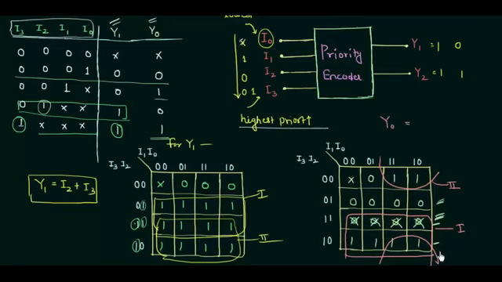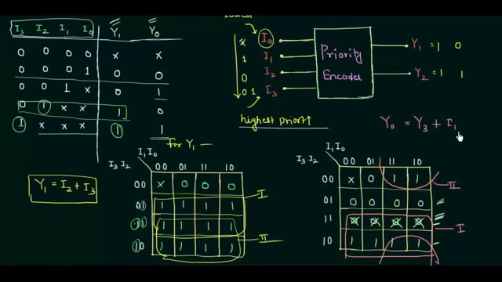Y0 is equal to, for the first group I'm having I3 with no doubt, we have already done in this case, and for the second group let's see what's changing and what's not. For the second group you can see that I1 is 1 and it's not changing in this column, whereas I0 is changing from 1 to 0, so we will neglect I0 and I will write I1, and as it is a group of 4 ones we will eliminate 2 and still we are left with 2.